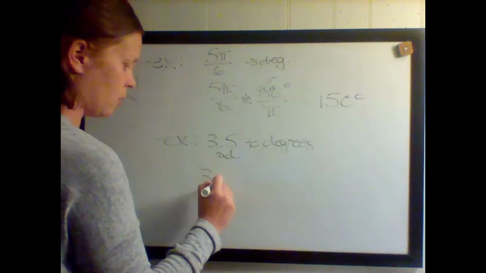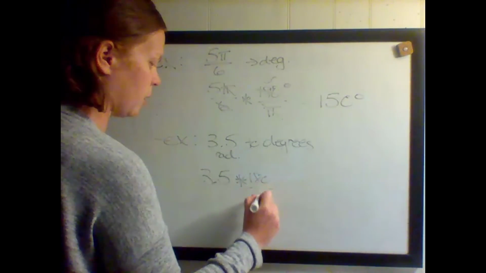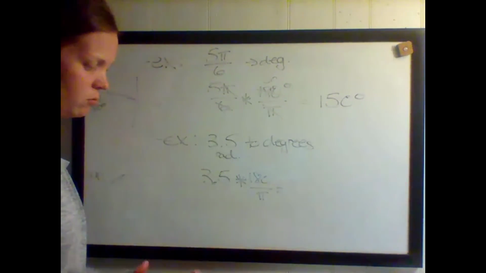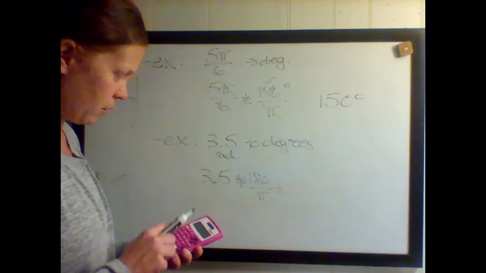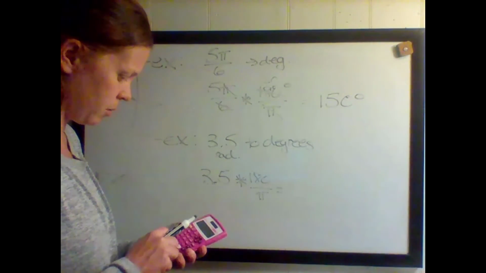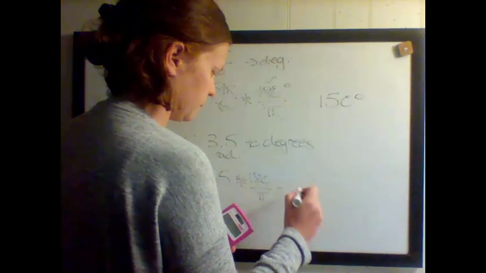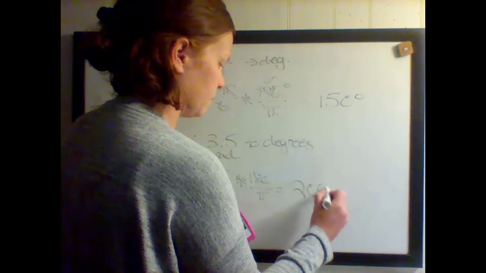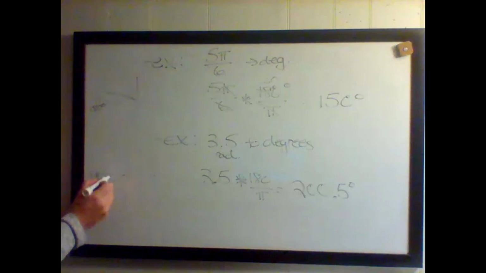So let's see what we get. 3.5 times 180 divided by pi. Nothing really to reduce, it's more of a plug in the calculator. 3.5 times 180 divided by pi is 200.5 degrees, which makes sense. We said it's just going to be a little more than 180 degrees.